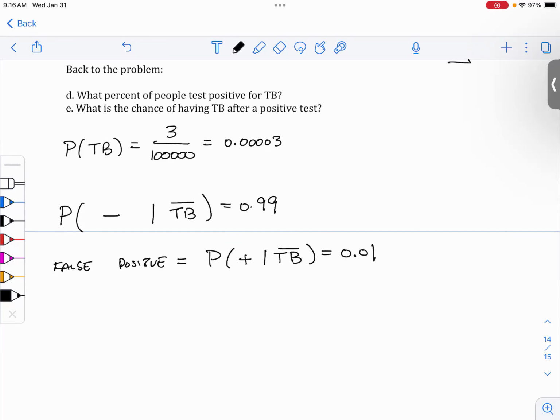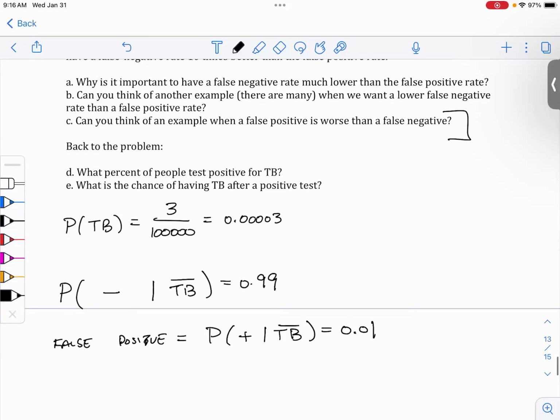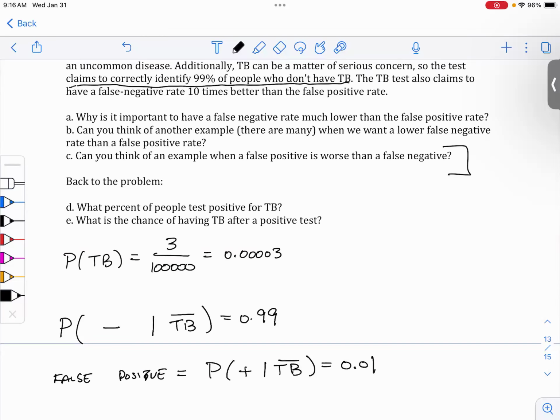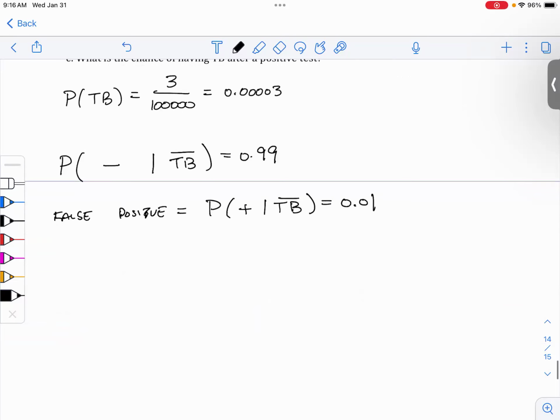And these are always read as correctly identifies those who don't have it, or correctly identifies those who do have it as some percentage. And that's basically how most tests state their probabilities. So they state the opposite of what the false positive or false negative are.